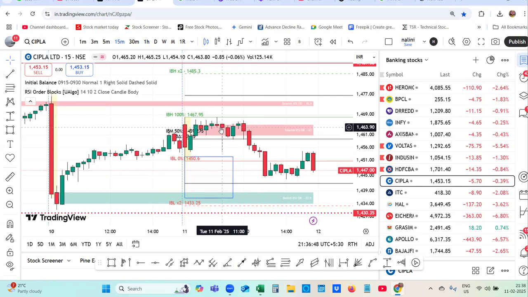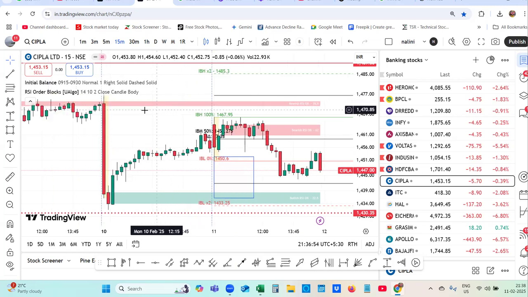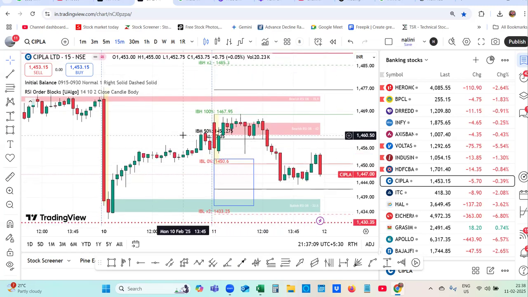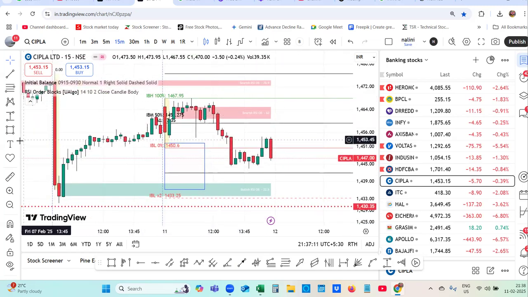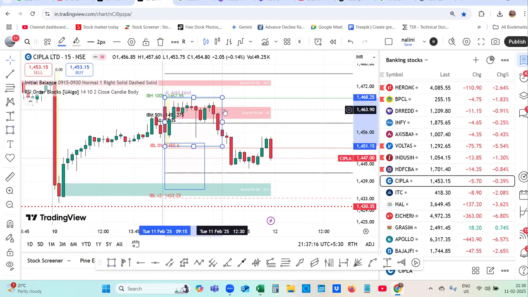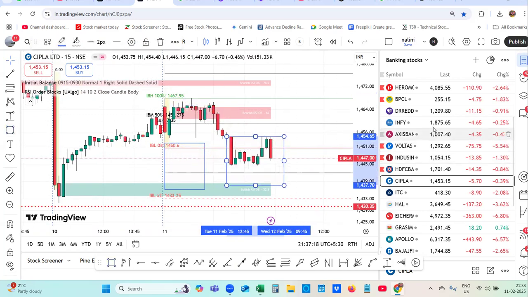These are all bearish order blocks, that means sellers' order blocks. You could guess the market can go down and you could have taken the trade. This is breaking below the range, a 1:1 measured move that Cipla has shown.